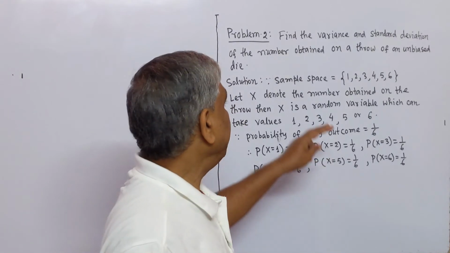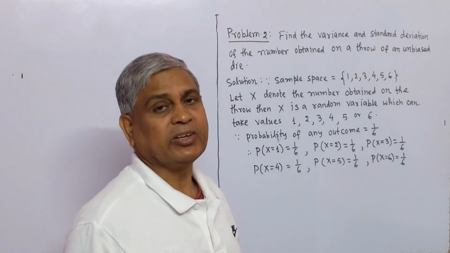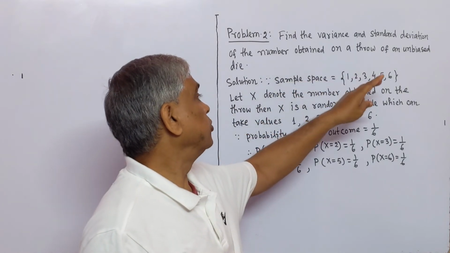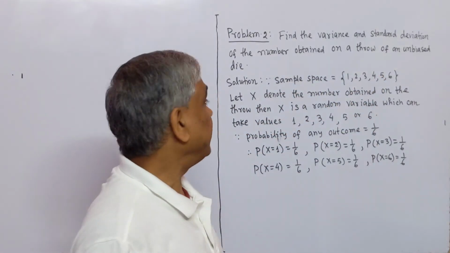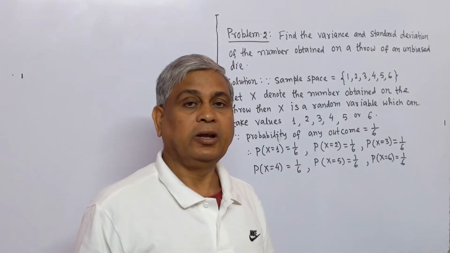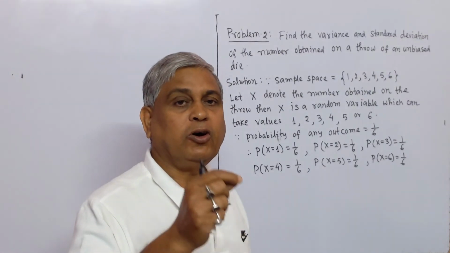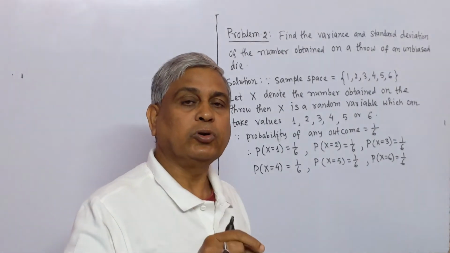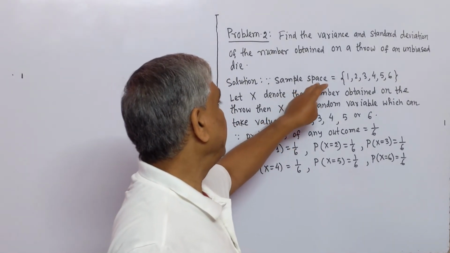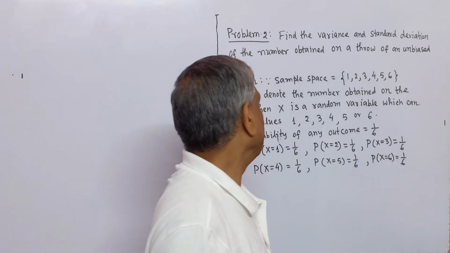Now we solve the next problem. Problem is find the variance and standard deviation of the number obtained on a throw of an unbiased die. If a die is thrown, then outcomes will be 1 or 2 or 3 or 4 or 5 or 6. Therefore, sample space will contain outcomes 1, 2, 3, 4, 5, 6.